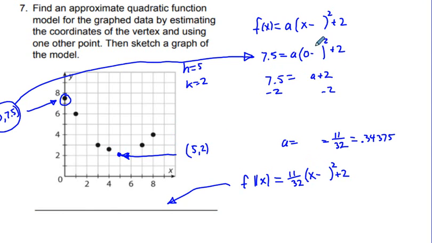So we're going to have x minus 5 and we're going to have 25, 25a plus 2, subtract. We're going to get 5.5 over 25, which is going to be 11 over 50.